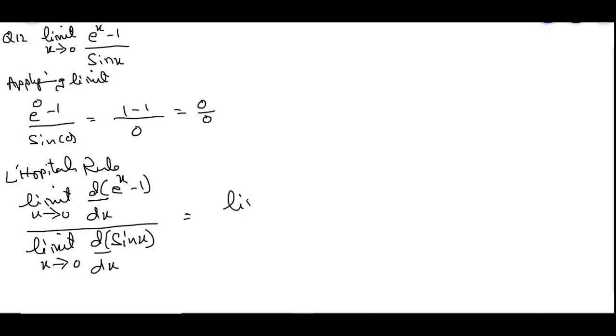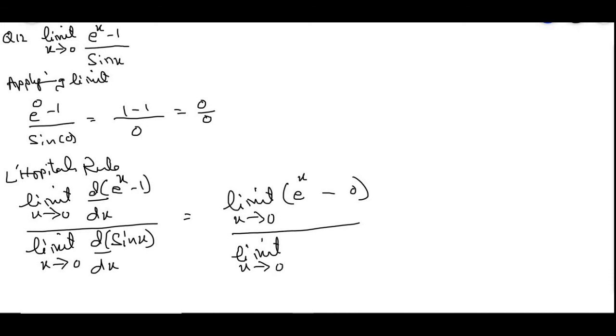Here, limit x approaches to 0 of e raised to power x, which is the derivative of exponential x, minus 0, whole divided by limit x approaches to 0 of cos x. Here we apply the limit: e raised to power 0 whole divided by cos 0. Exponential of 0 is 1 divided by 1, hence the answer is 1.